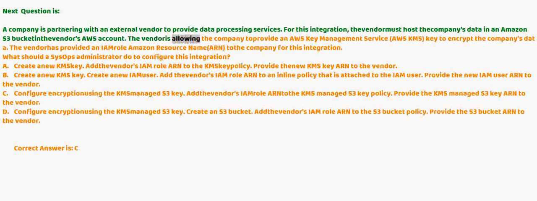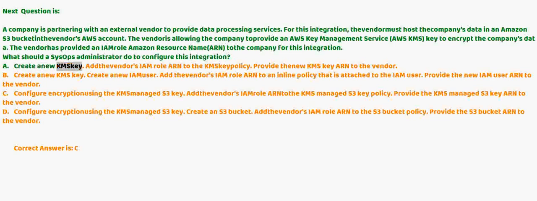The vendor is allowing the company to provide an AWS Key Management Service, AWS KMS, key to encrypt the company's data. The vendor has provided an IAM role Amazon Resource Name, ARN, to the company for this integration. What should a SysOps administrator do to configure this integration?